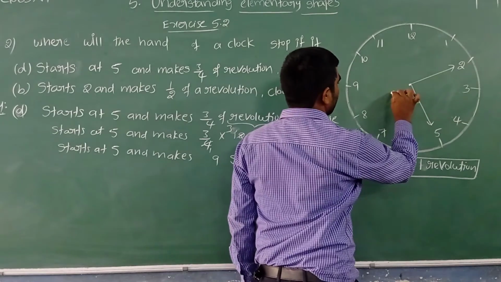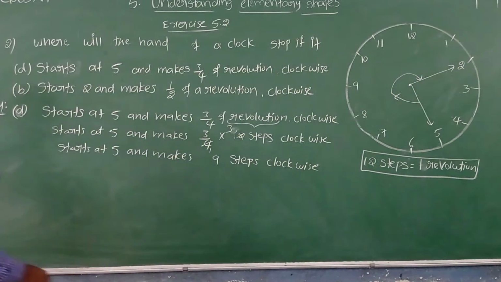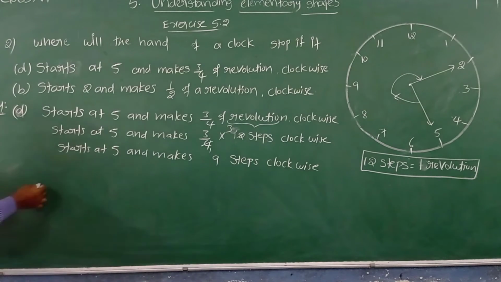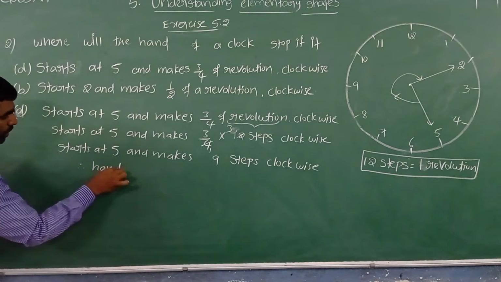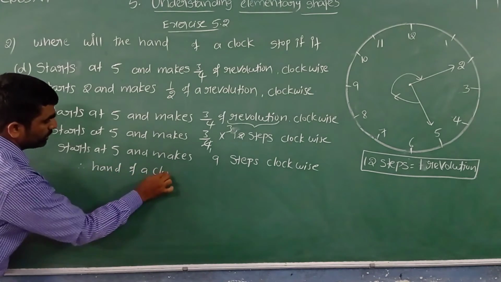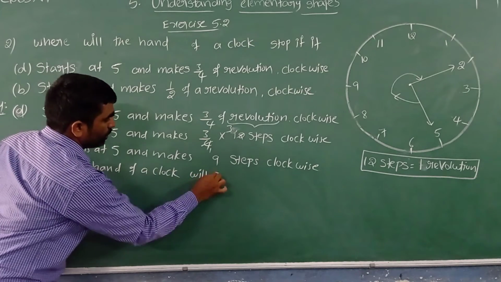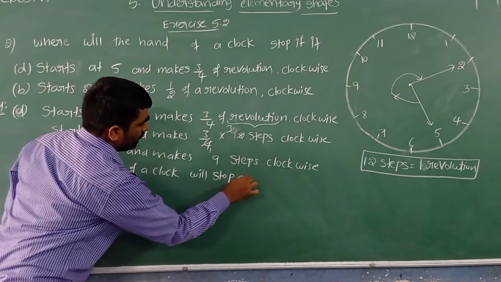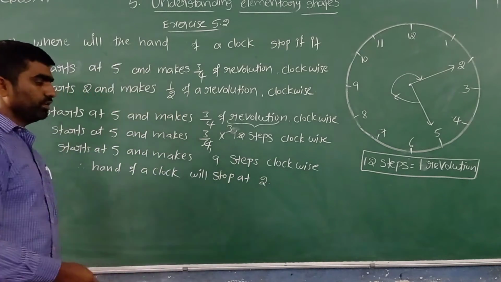So till here it is going to move clockwise. Now what can we write? Therefore, the hand of a clock will stop at 2.